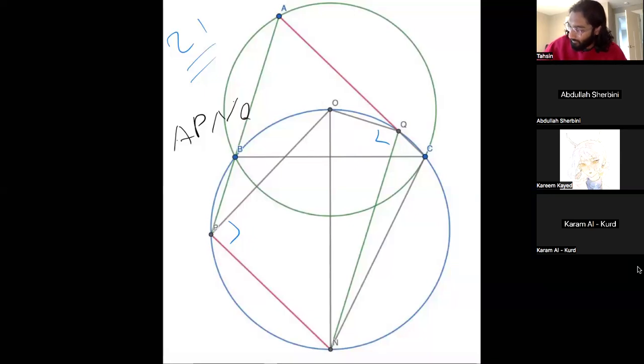Let me mark what we're trying to prove. We're trying to show that APNQ is a parallelogram, which means we're trying to show this is parallel, and we're also trying to show this is parallel. So AQ and PN should be parallel, and AP and QC.